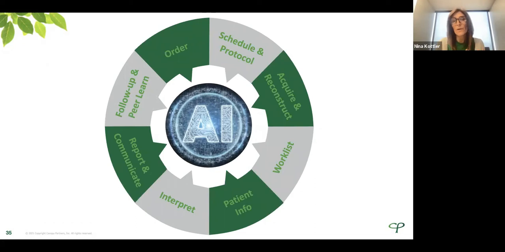From the moment a referring clinician has a clinical question they want to figure out, and 80% plus of the time they're ordering an imaging study to do that, scheduling it, acquiring and reconstructing, opening it and making sure you're opening the right study on a work list, gathering the patient information, interpreting, reporting, and then, of course, following up and doing peer learning. Every single step of this can be optimized.